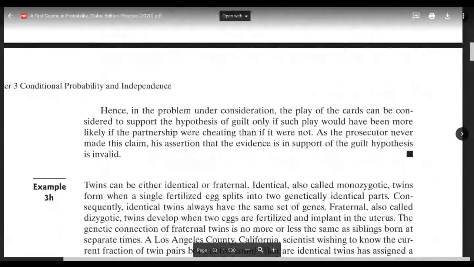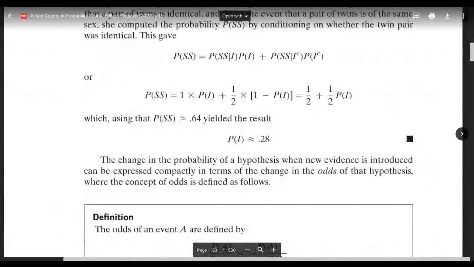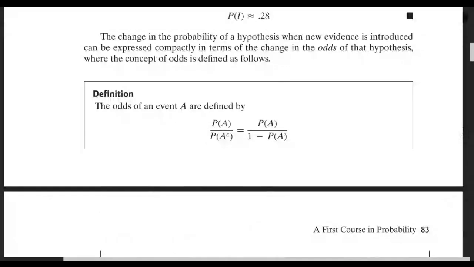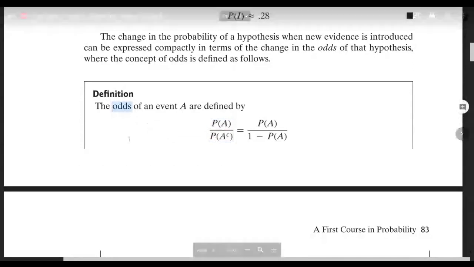Let's go to this one. So, definition: the odds of an event A are defined as the probability of A over the probability of the complement of A. That's just a term, the odds.